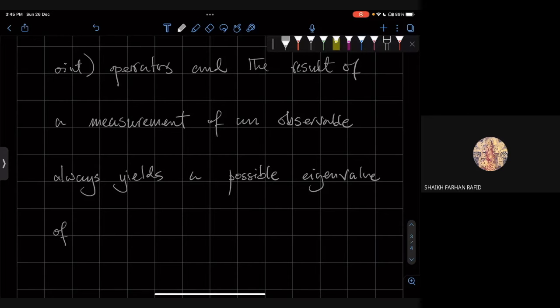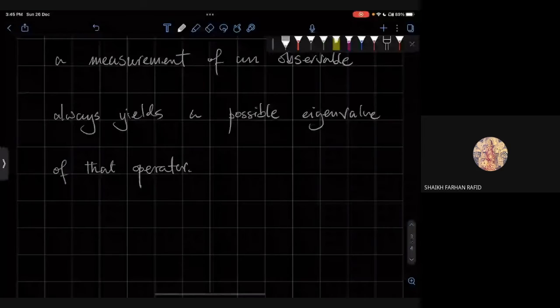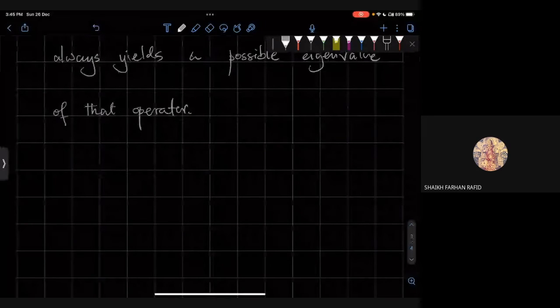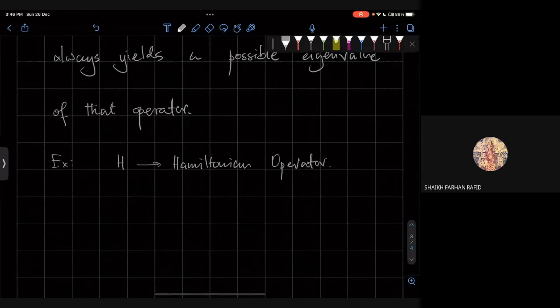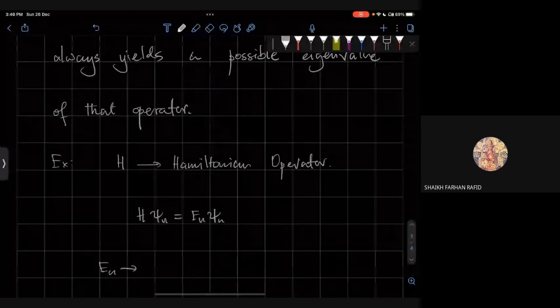For example, if H is the Hamiltonian operator, and it represents the total energy, so if I have H acting on psi n giving En psi n, then the En are the possible energies of the system.